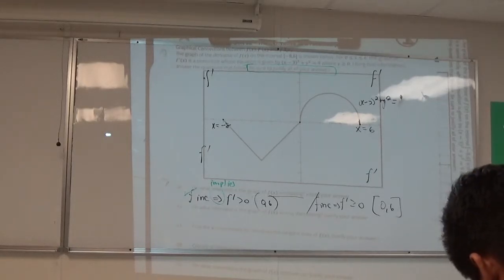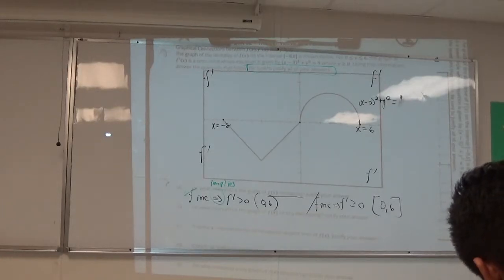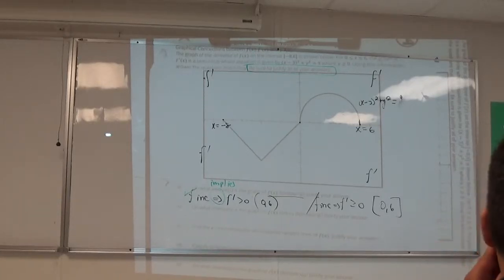Okay, why are you taking negative here? I'm asking you about the graph of F. What does it take for F to have a horizontal tangent? I'm not sure. Go back to this table. Look at the table that I showed you. F has a horizontal tangent line. What do you know? F prime is equal to 0.